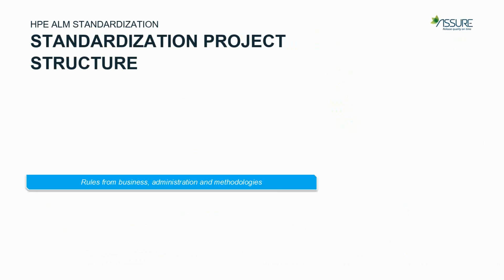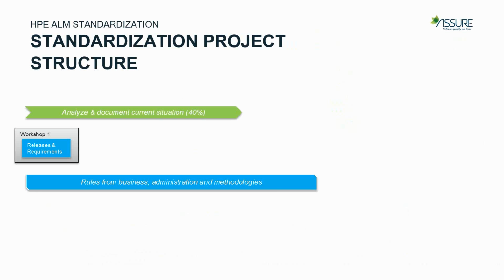And these are rules that come from our methodologies or business itself. And then we start analyzing and documenting the current situation, which takes up about 40% of the total project initiative effort.